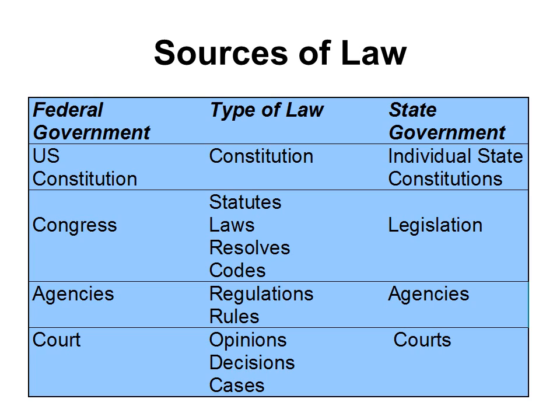Within those governments we have different branches, the legislative, the executive, and the judicial, and each of those branches makes the laws that we're talking about. Those are either the court, agency, Congress, or the Constitution at the federal level, or the state constitutions, the legislature, the agencies, and the courts at the state level.